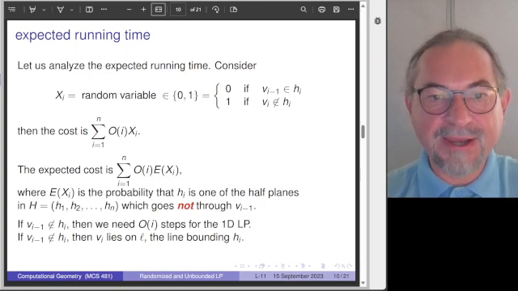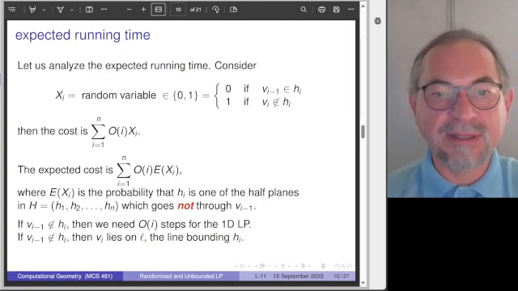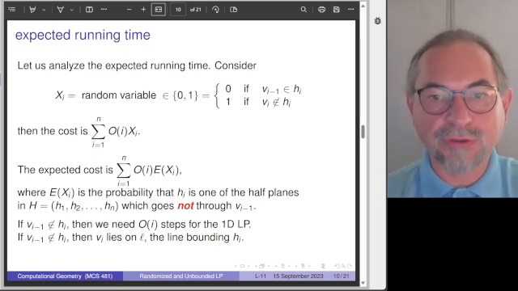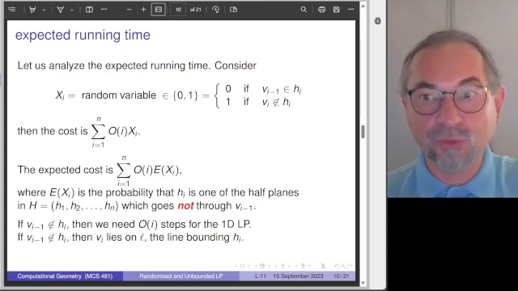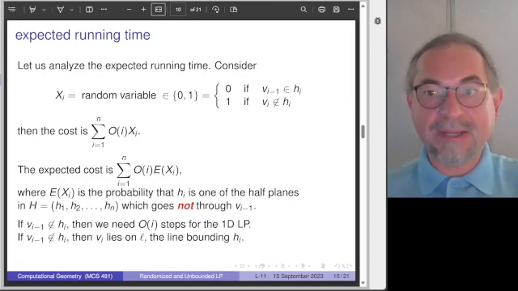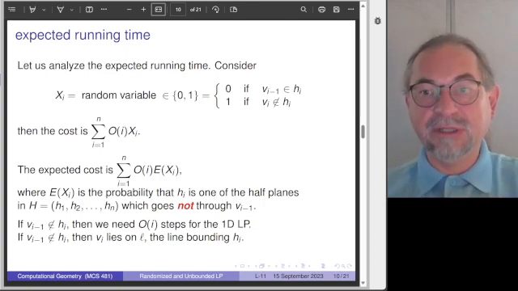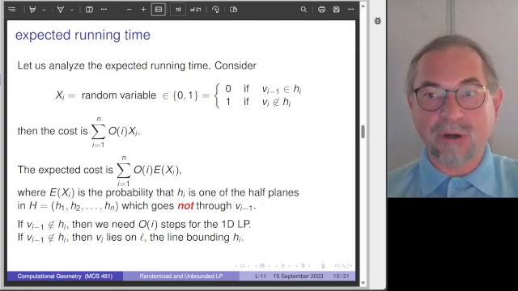If we have our one-dimensional linear programming, then the expected cost is either proportional to the number of hyperplanes, if the new half plane makes a cut in the feasible region in a way that causes the optimal vertex to change.